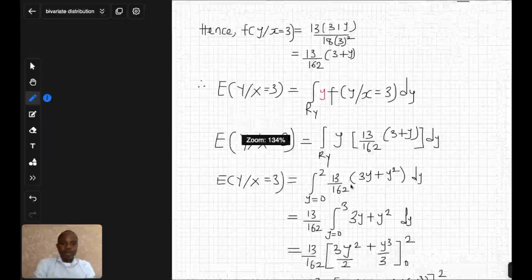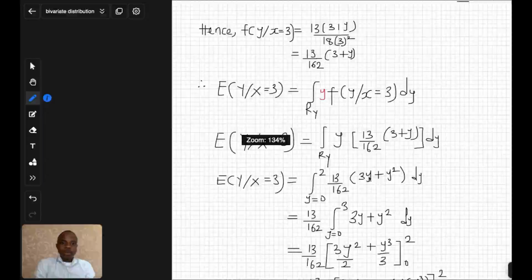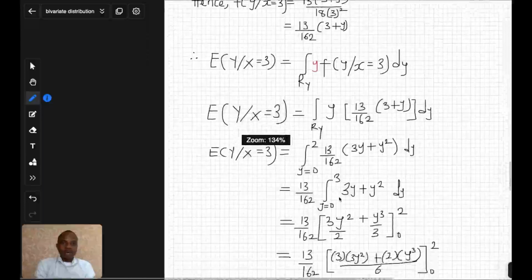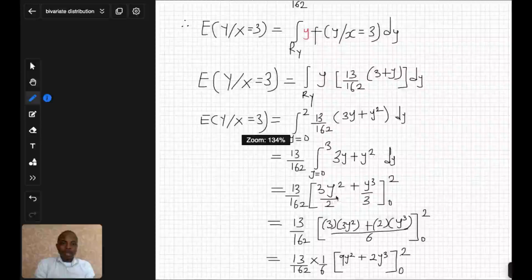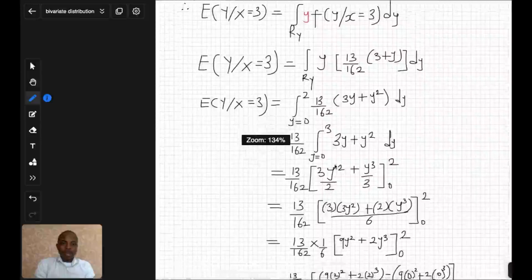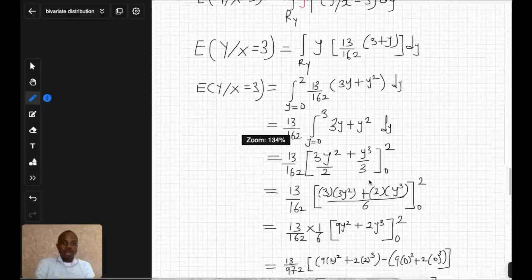Then when we open the bracket and multiply y with this, we end up having 3y plus y squared, so we bring 13 to be with 162, and then we take them out. Then we integrate, and when you do that, you are going to have 3 multiplied by y squared divided by 2, y raised to the power of 3 divided by 3, and the limits 2 and 0.